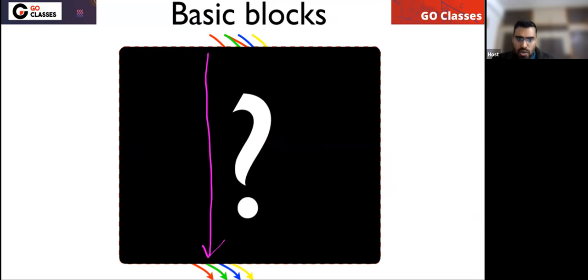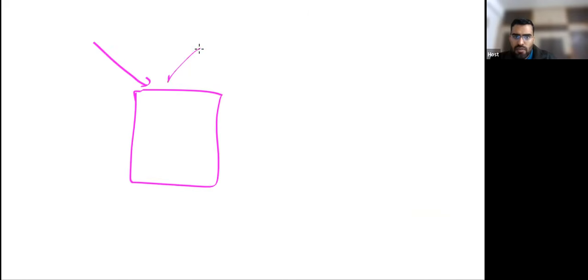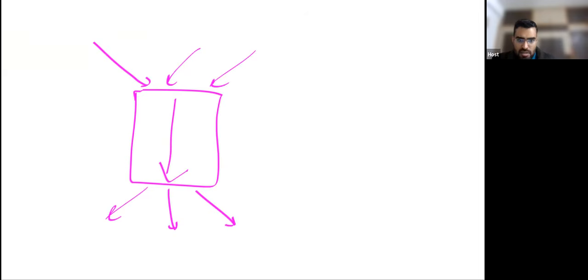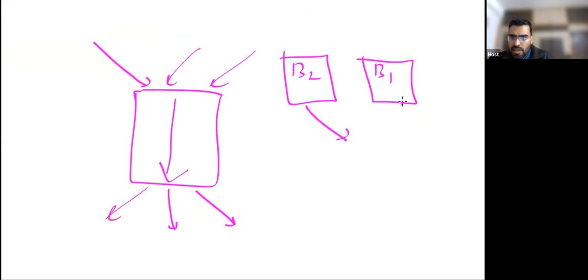This is your basic block. You can come from many places, you can come from here, here, and here, and you can go to this, this, and this, but inside there is only this flow. For example, if you have block B1, block B2, and then block B3, you can notice that inside only this flow will be there.